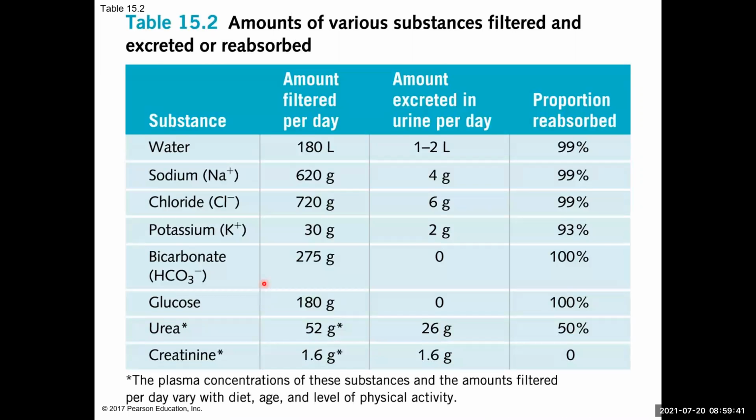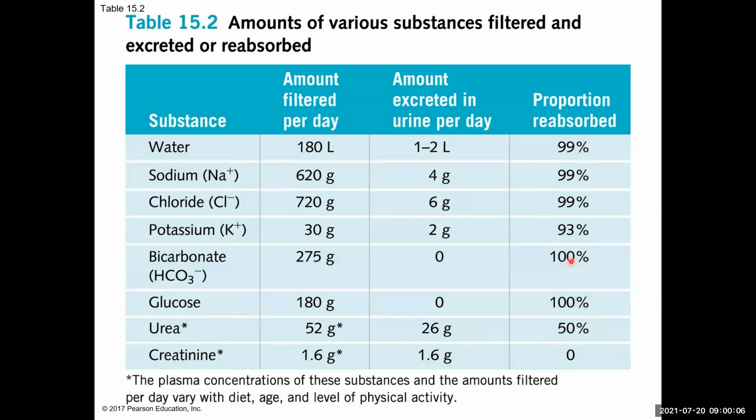And so if we look at the different types of substances that are filtered per day, 180 liters of water, and you're only excreting about 1 to 2 liters per day. So that's about 99% being reabsorbed. You also look at the amount of ions, bicarbonate, glucose, urea, creatinine that is filtered versus what's reabsorbed.